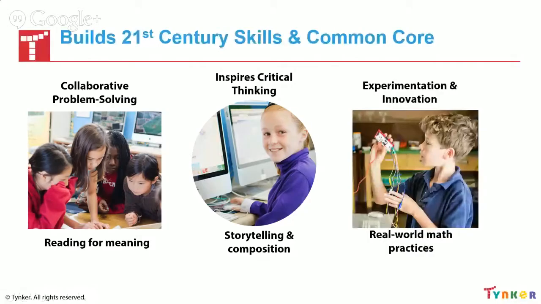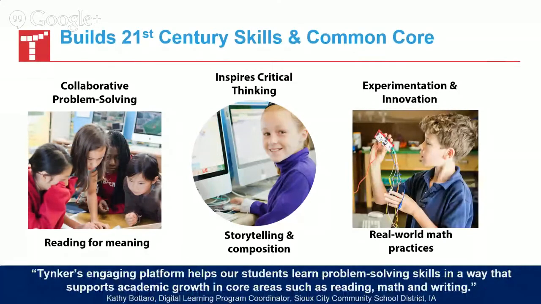Kathy Bottaro in Iowa says that Tynker's engaging platform helps our students learn those problem-solving skills in a way that supports academic growth in core areas such as reading, math, and writing.